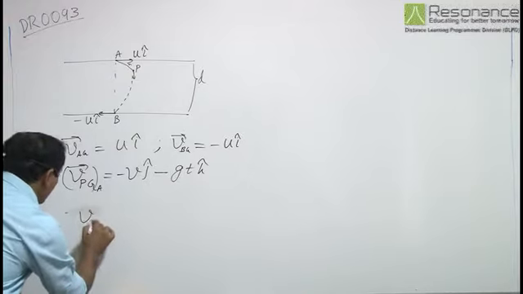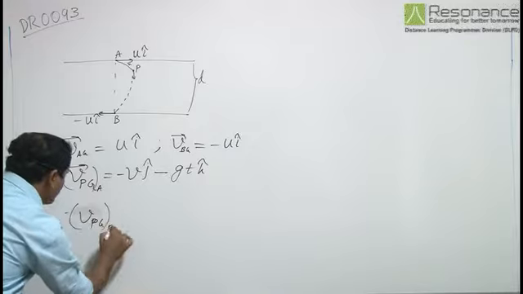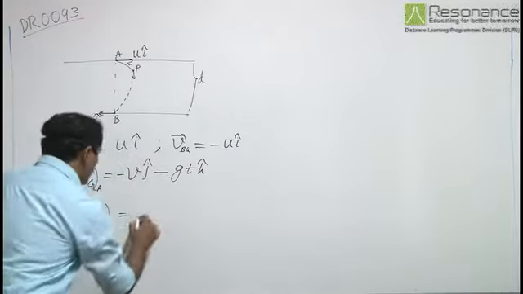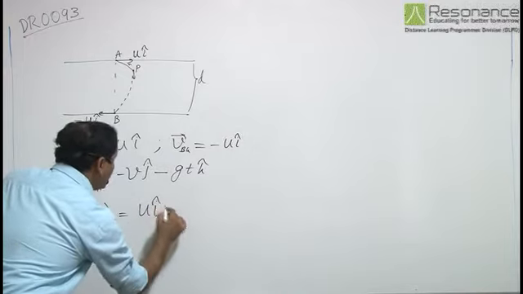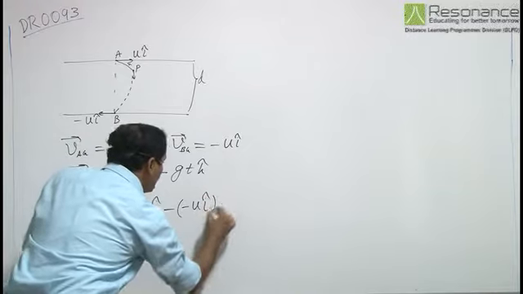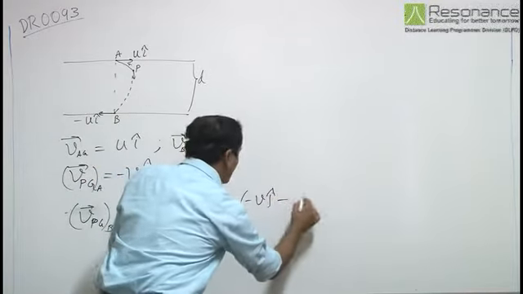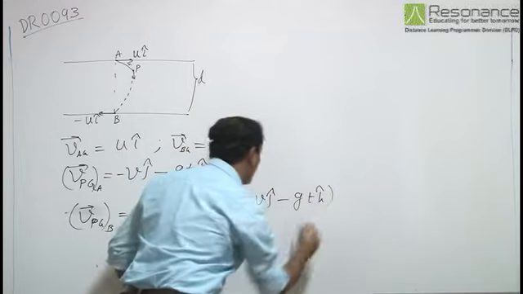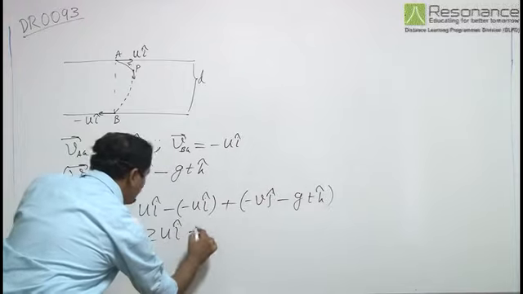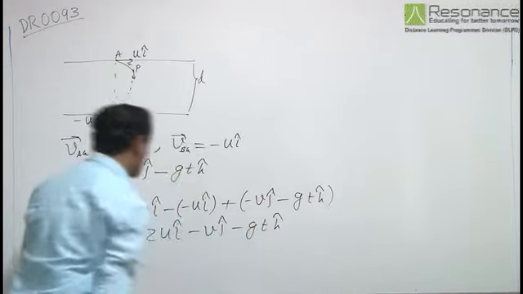Now the velocity of the particle with respect to ground as seen by B is u i cap minus (minus u i cap) plus V j cap minus g t k cap, or we have 2u i cap plus V j cap minus g t k cap.